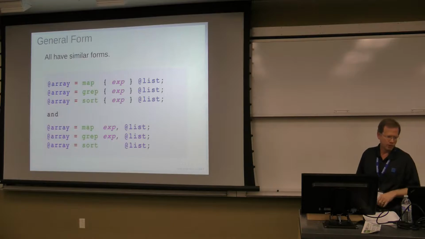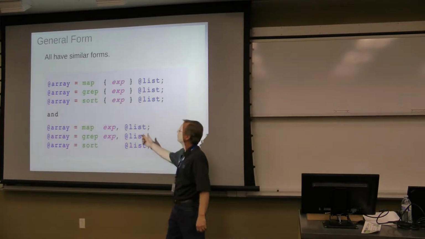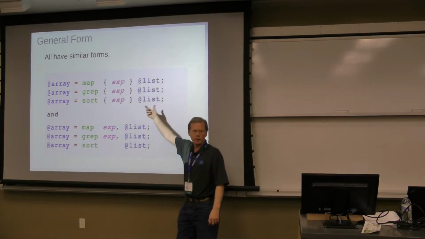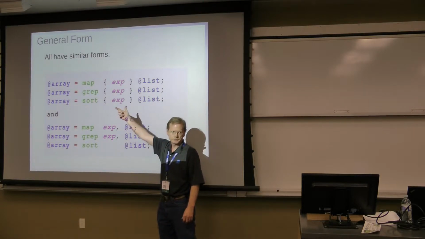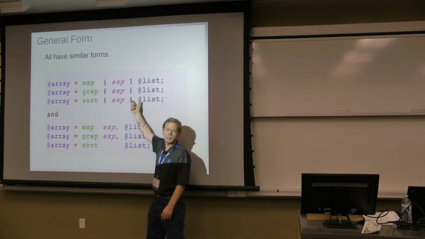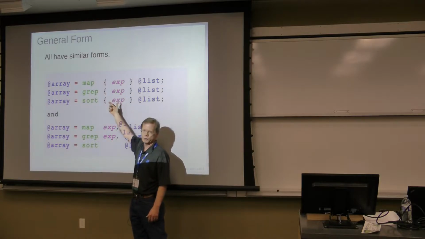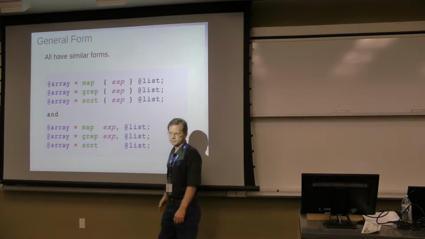The general form is very similar. So map, you give it an expression. It performs that expression on each item in the list and returns you a list. Grep, you give it an expression. It performs that test. And if the value of this expression happens to be true, it returns that element in the list.